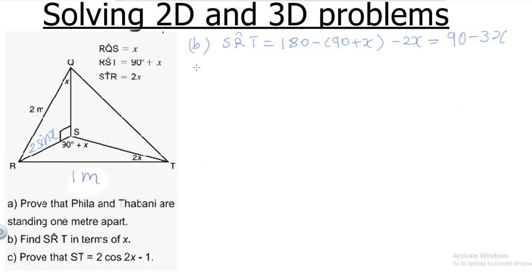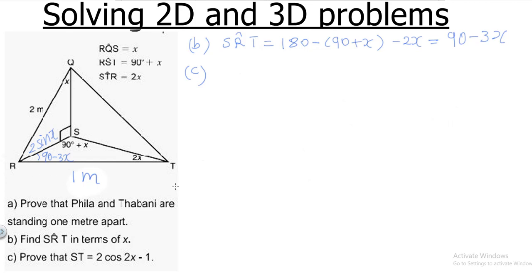Now, question C. They say we have to prove that the distance ST is equal to 2 cos 2x minus 1. So here we know that this angle is 90 minus 3x, okay? So now, we know RS, we know RT.